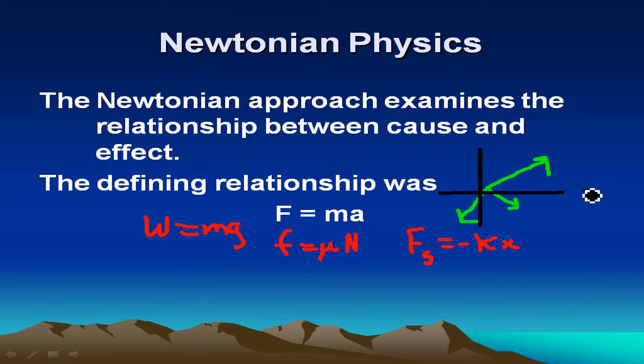What is the resulting acceleration in each direction? Acceleration in the x direction, acceleration in the y direction, as a result of the various forces that are acting on the object. So that's really what brought in, I think, the complication in Newton's second law: all of the little individual descriptions that came into play.